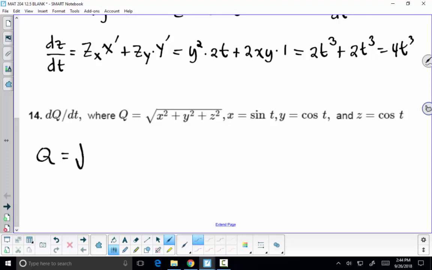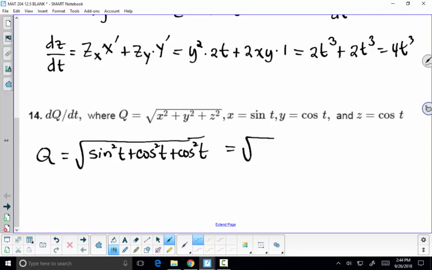If we substitute first, we're going to end up with sine squared t plus cosine squared t plus cosine squared of t, which will, of course, simplify into 1 plus cosine squared of t. So we get that.